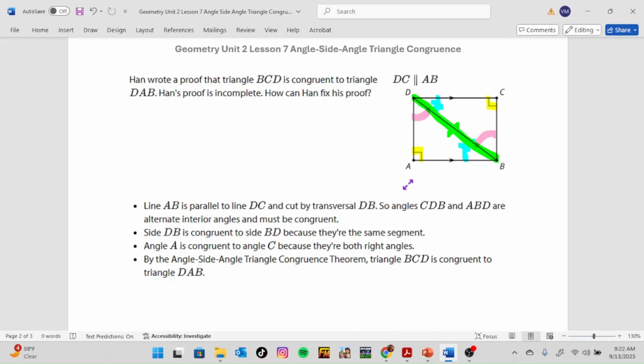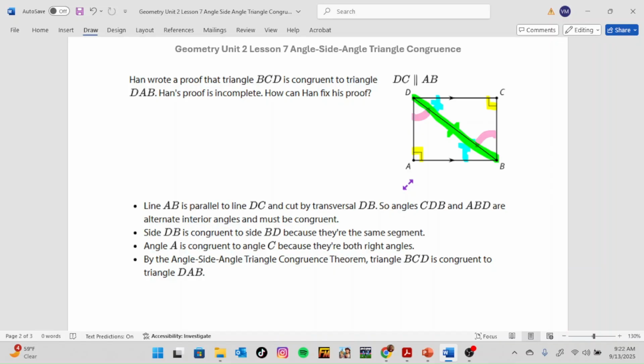And we can do that by the triangle angle sum theorem. All three interior angles on a triangle must add up to 180. So if we already know that two angles are the same, then the third angle must also be the same.